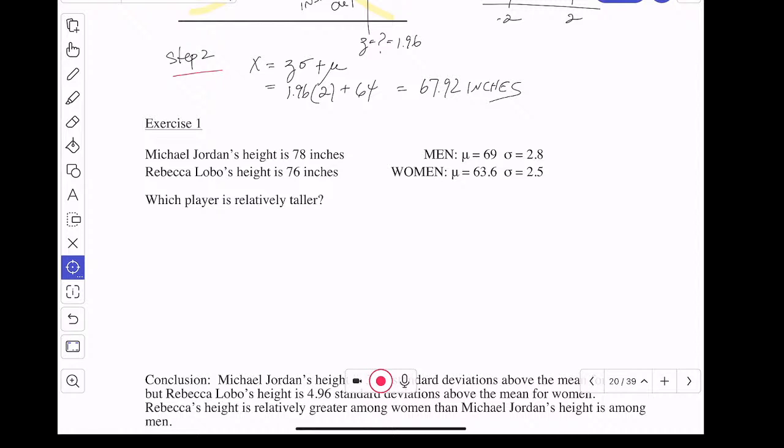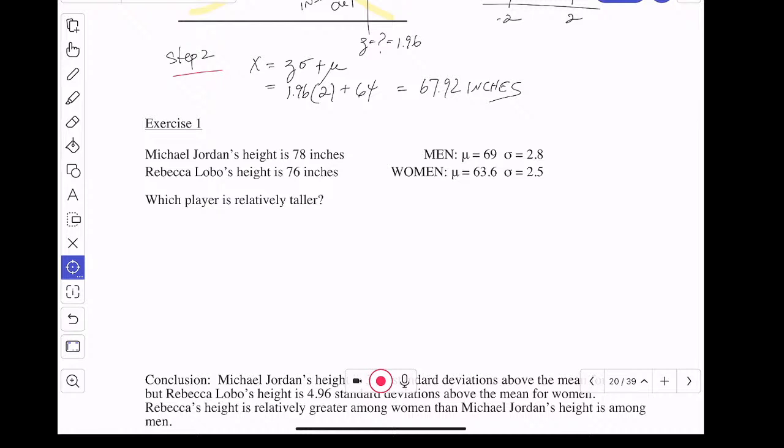Michael Jordan's height is 78 inches. Rebecca Lobo's height is 76 inches. So he's taller than her. However, in their gender, who's a relatively taller basketball player?